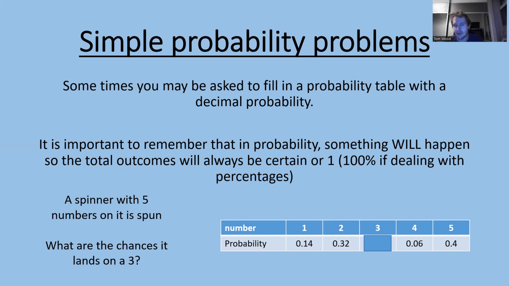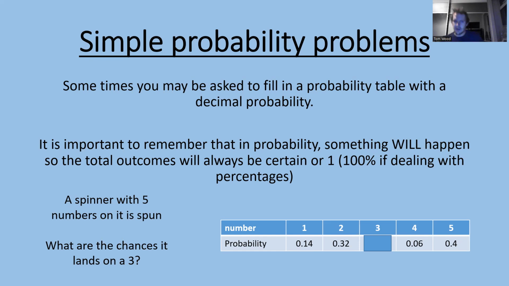I know straight away, if there's a 0.14 or a 14% chance of a 1 occurring, yet there's a 32% chance of 2 occurring, that tells me that if I were to draw this spinner, it's a lot more likely it's going to land on a 2. There's a 32% chance that it will land on that compared to a 14% chance.